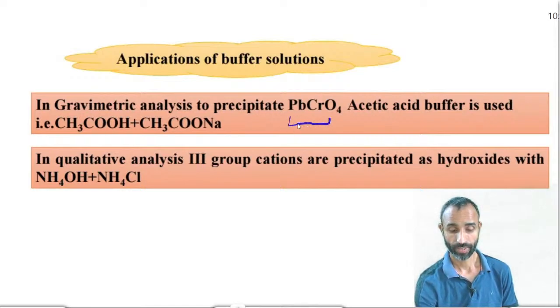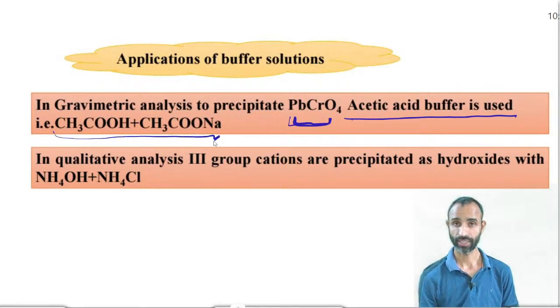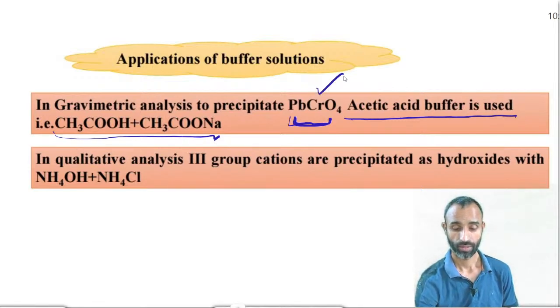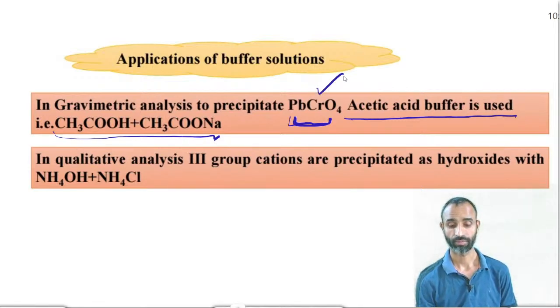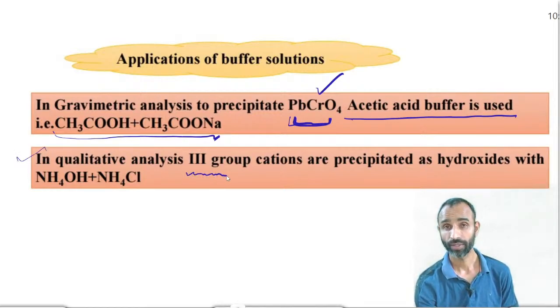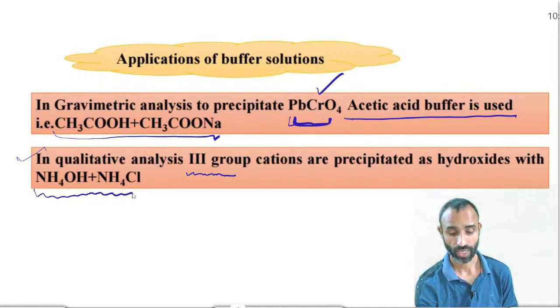In gravimetric analysis, to precipitate lead chromate, acetic acid buffer is used: acetic acid plus sodium acetate. In qualitative analysis of group 3, we use ammonium hydroxide and ammonium chloride.